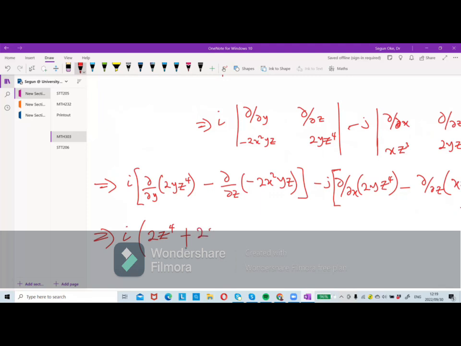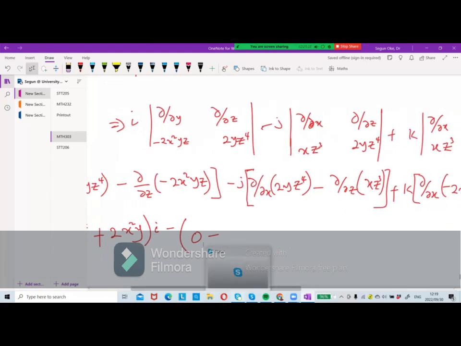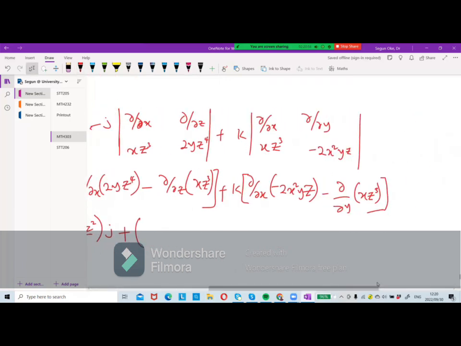squared y, minus 0, minus 3xz^2, plus, minus 4xyz, minus 0.